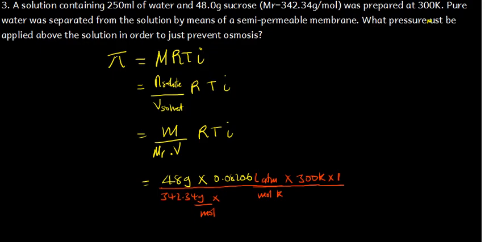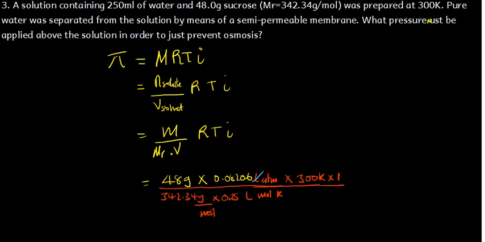The volume of the water is 250 milliliters. Now we don't have any milliliters here, we only have liters, so we need to convert that value to liters, and that is just by dividing by 1,000. So that would be 0.25 liters. So we can now see the units are going to be cancelling out.